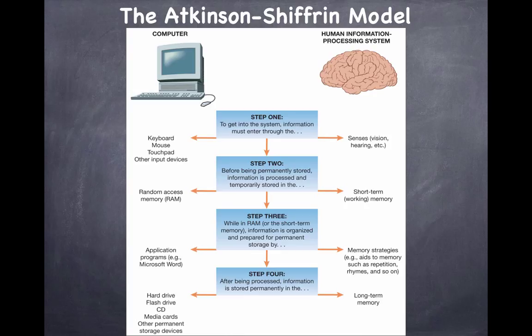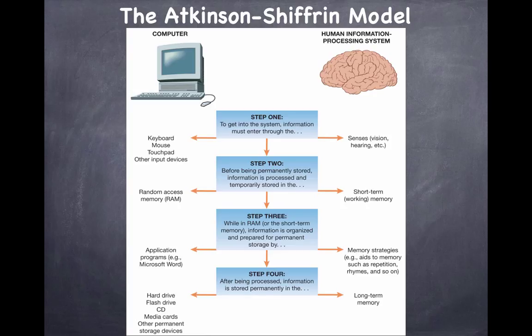And it uses computer models and computer terminology to describe human cognitive functioning. So the Atkinson-Shiffrin model is an information processing model of memory that proposes that there are 3 storage systems: a sensory, a short term, and a long term.